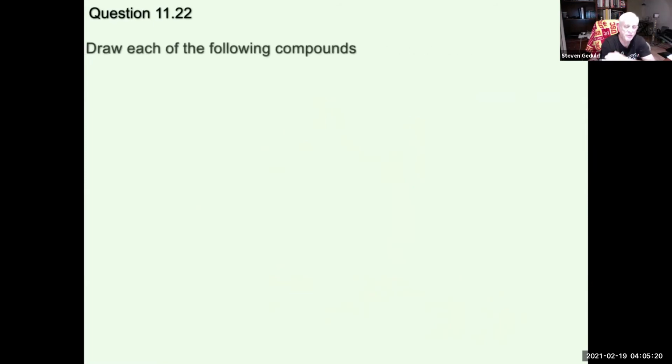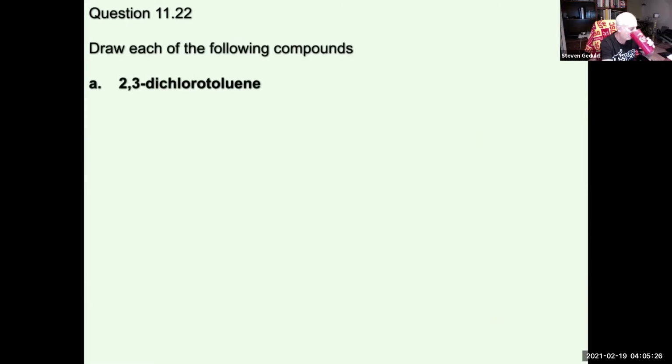Okay, draw each of the following compounds. Draw 2,3-dichlorotoluene. So we'll draw toluene. Toluene is a benzene ring with a CH3 group. There's toluene. And then there are 2 chlorines attached.